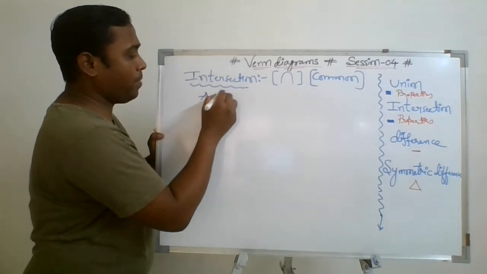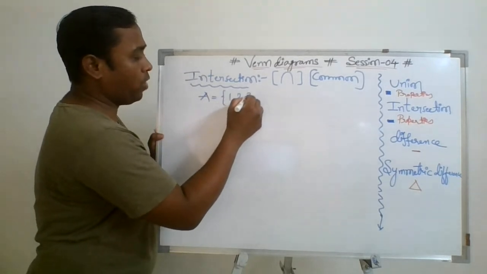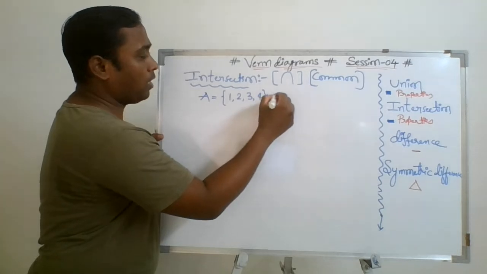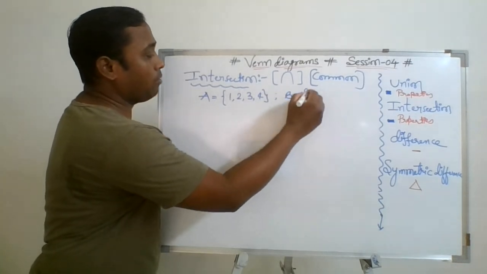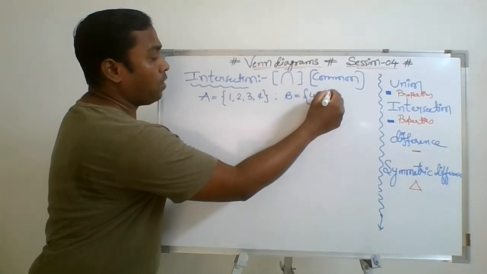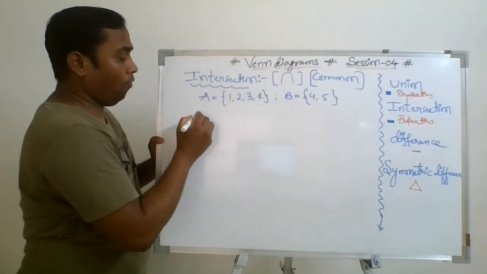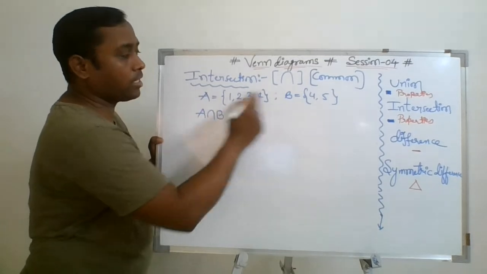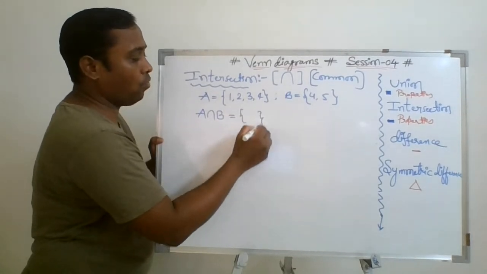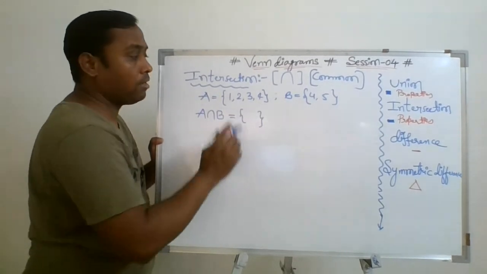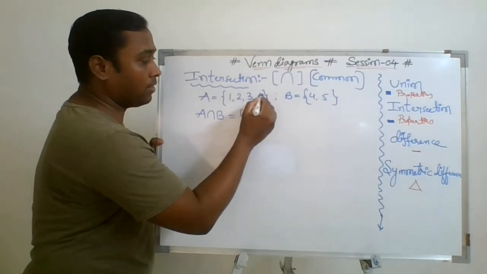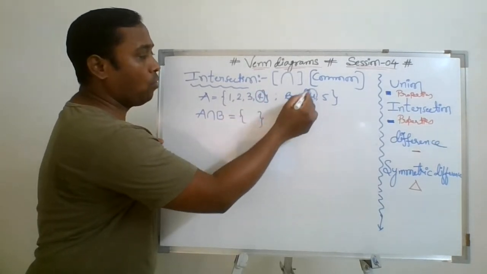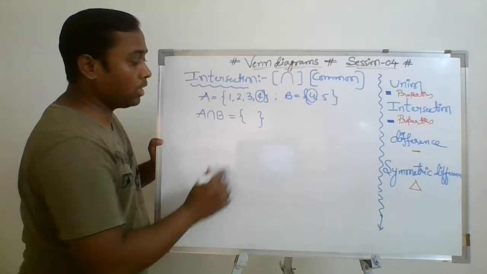Let us say, again I am taking the regular example, set A as 1, 2, 3, 4 and set B as 4, 5. Now, what is the intersection of these two sets? A intersection B means what are the common elements we have in both sets. Only the element 4 is common in both sets.